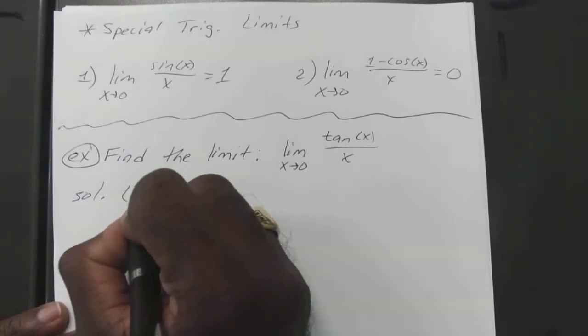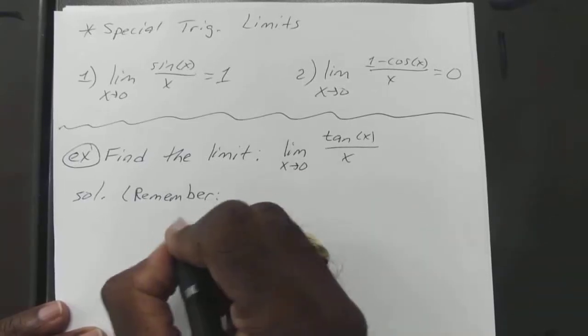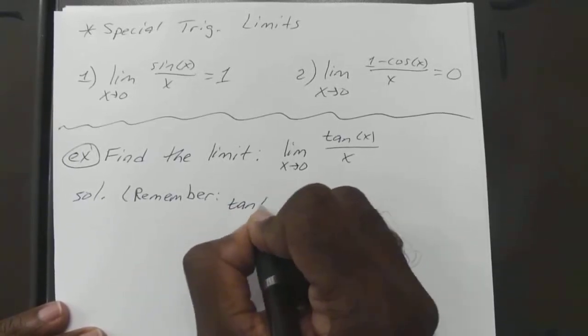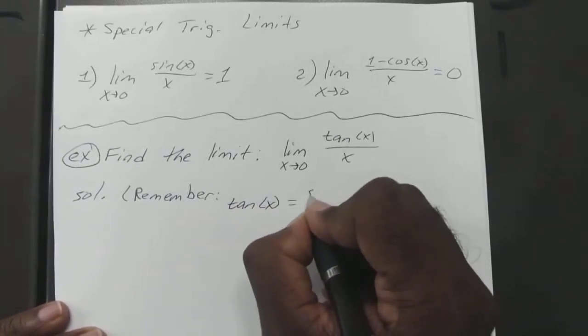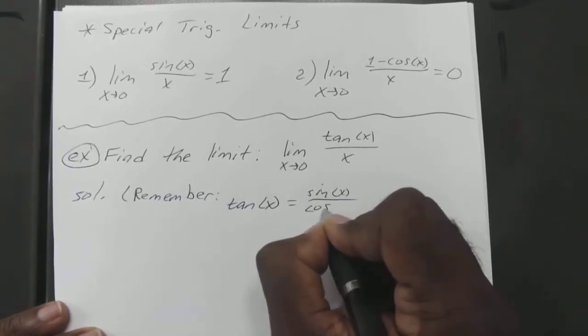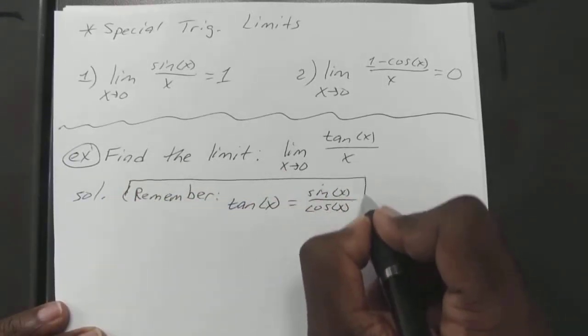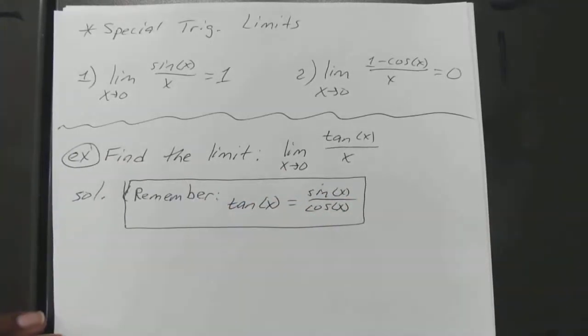But if we remember from trig that tangent of x equals sine of x over cosine of x, then we can manipulate it just enough to use the special trig limits.